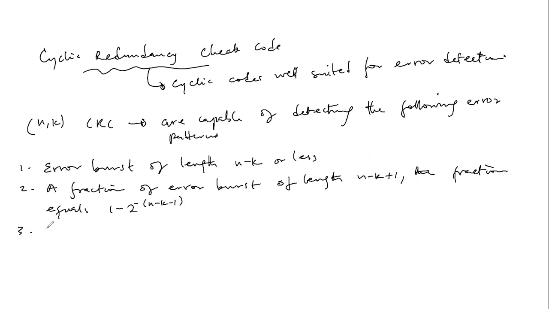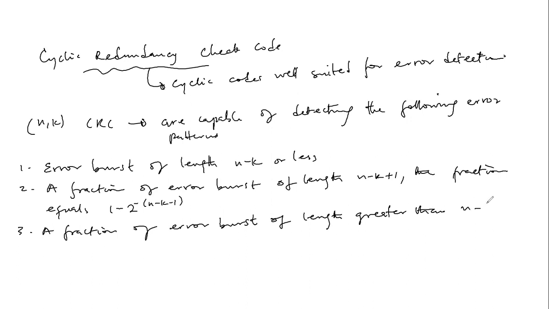And also, a fraction of error bursts of length greater than n minus k plus 1, and the fraction equals 1 minus 2 to the power of minus (n minus k minus 1).